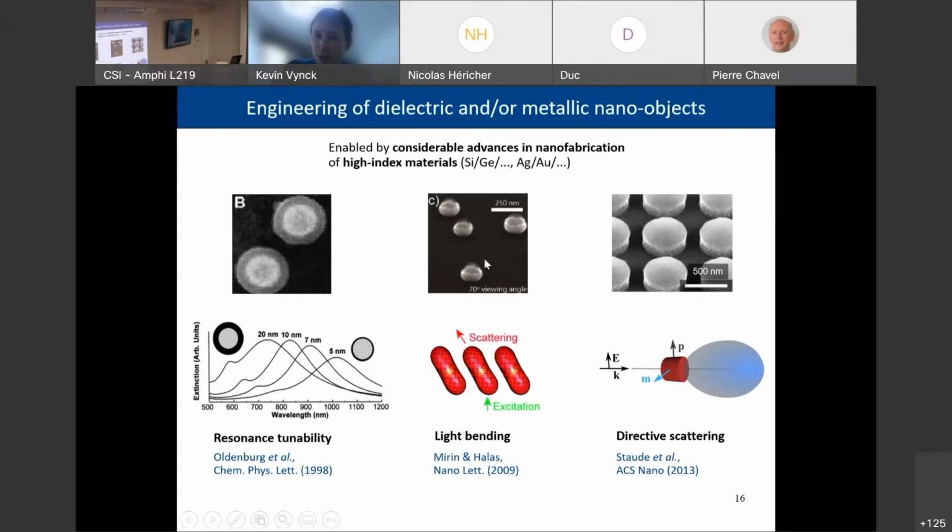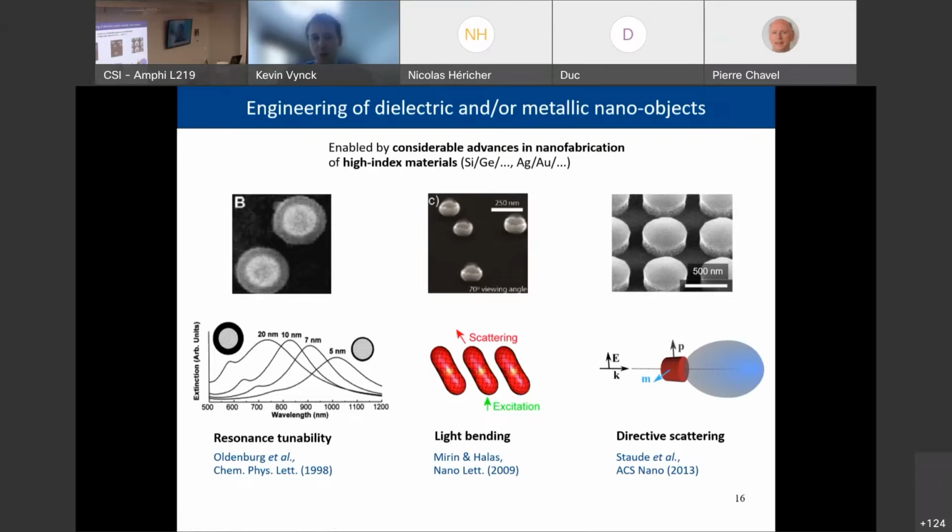When you create some asymmetry in the particle, like in this plasmonic nanocup, as we call it, you can make it such that the particle will scatter light always in the same direction at a specific wavelength, independently of the angle of incidence of light. So this is a light bending effect. And in these silicon nanocylinders, nano pucks, you can optimize the shape as well such that the scattering will be completely forward.